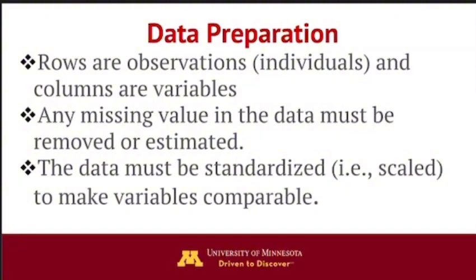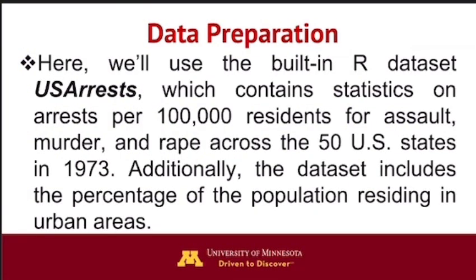Now, I'm actually using this data set, the US arrests data. With this data, we collected crime variables across 50 states in the United States in 1973. We have the crime variables like murder, rape, and assault.